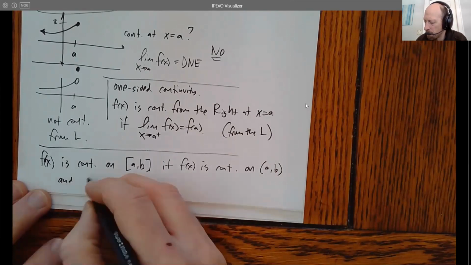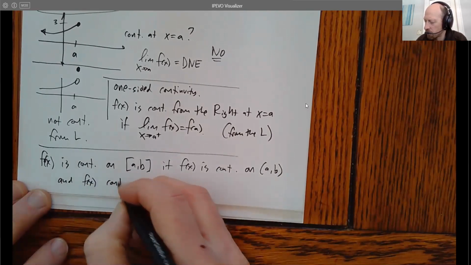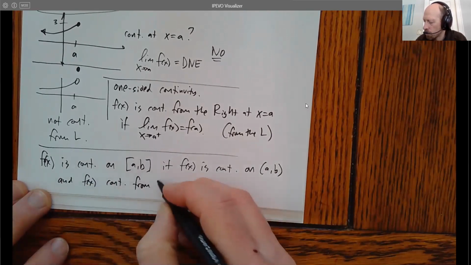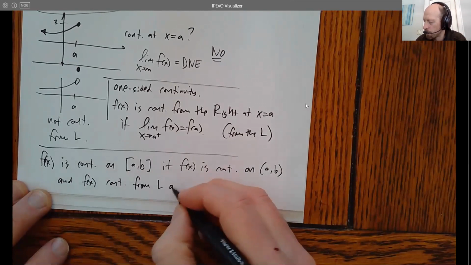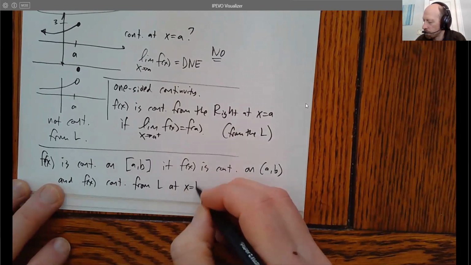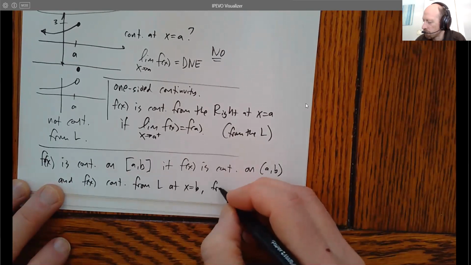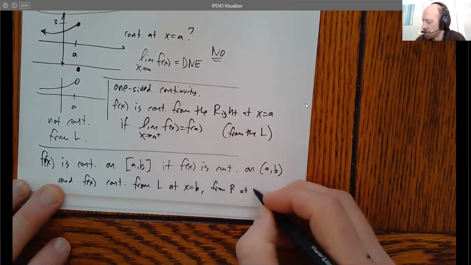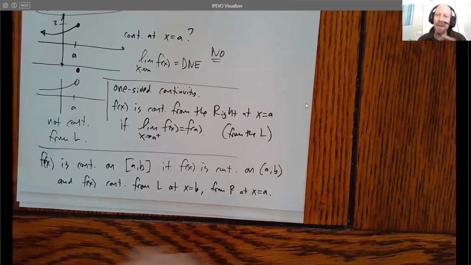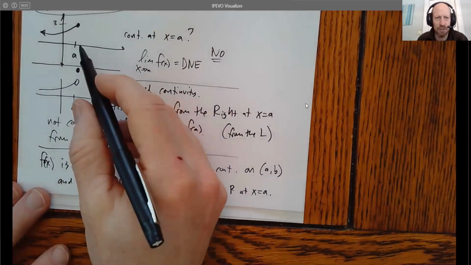And f of x is continuous from the left at x equals b and from the right at x equals a. So basically all that's saying is we just want to be very clear when we say continuous on a closed interval, we mean really that it's continuous everywhere inside, and then on the endpoints, we have continuity from the left or right.